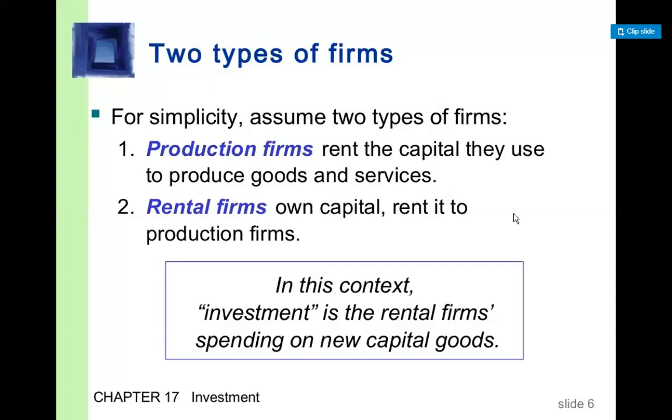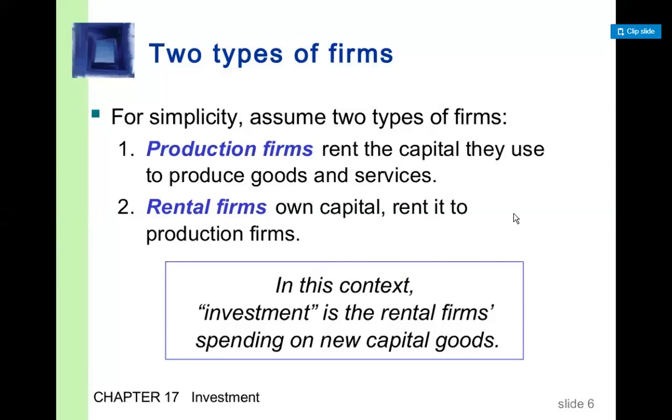Production firms get capital on rent and use this capital to produce goods and services.